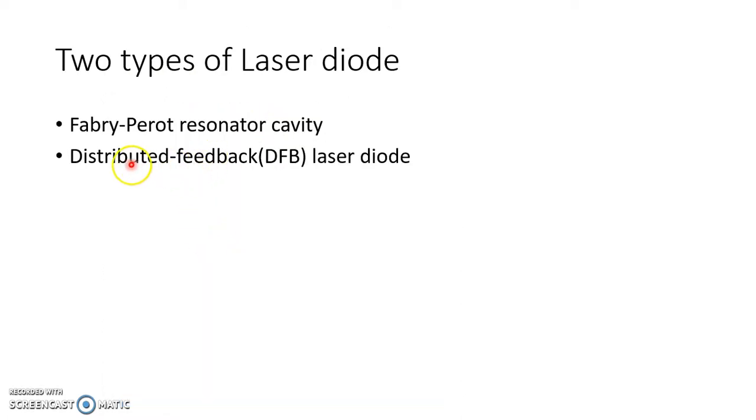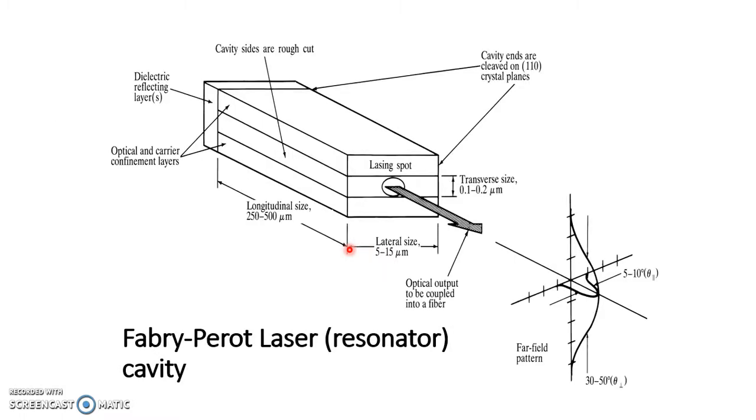In the second case, it's the distributed feedback laser diode, wherein the amplification takes place due to the difference. If you see in this figure, it's a Fabry-Perot laser diode. You have partially reflecting surfaces.